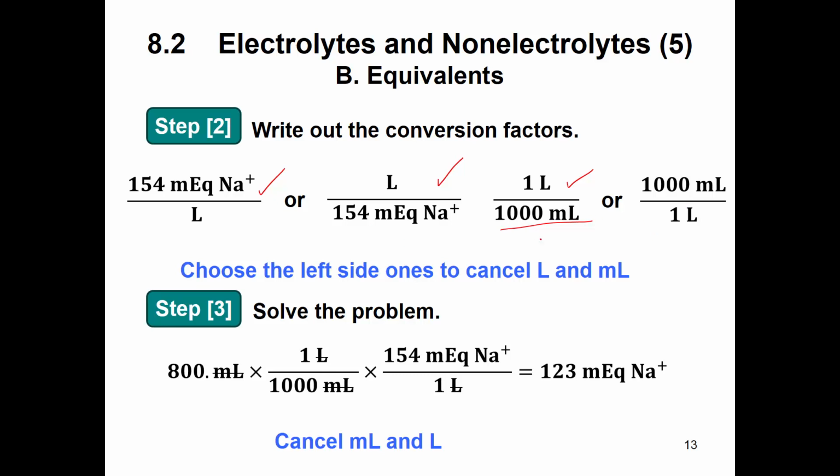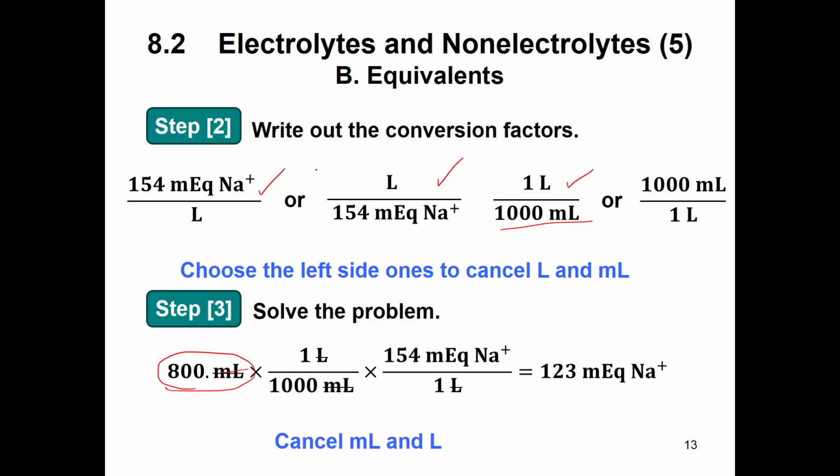And you're going to choose the ones that are going to cancel out. What you can hold in your hand is the 800 milliliters, so that's what you would start this problem with. You've got milliliters, you've got milliequivalents, and you've got liters. So you've got to get rid of liters.